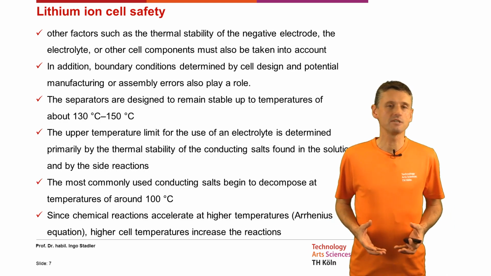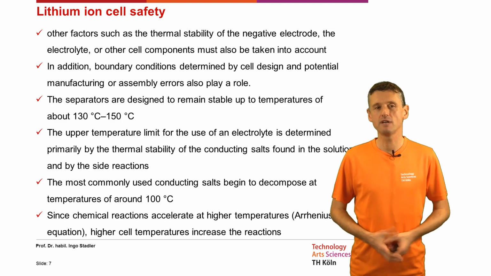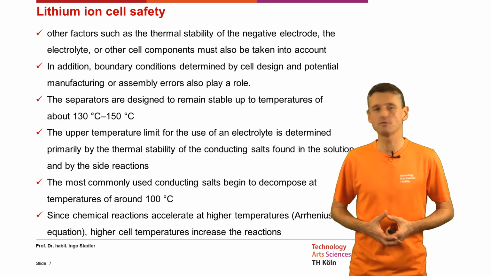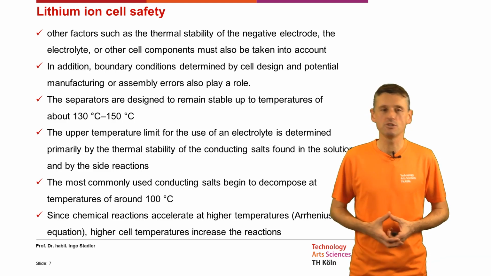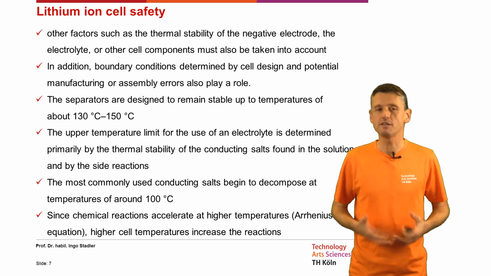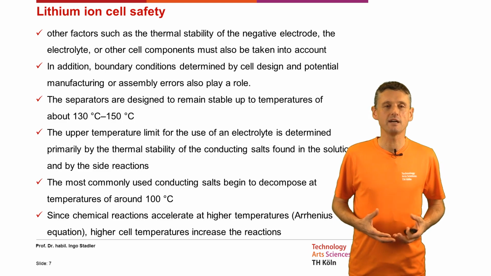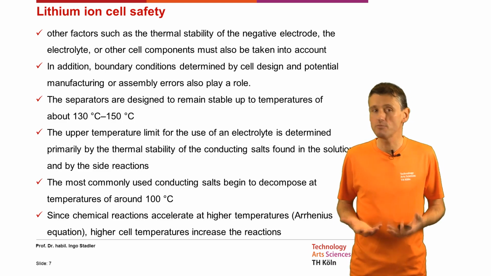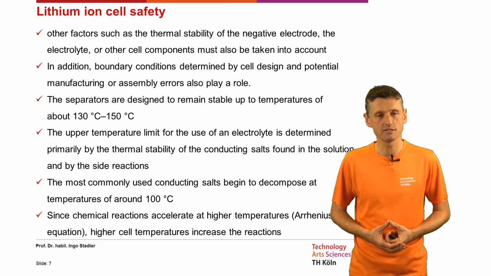Other factors, such as the thermal stability of the negative electrode, the electrolyte, or other cell components must also be taken into account. In addition, boundary conditions determined by cell design and potential manufacturing or assembly errors also play a role. The separators are designed to remain stable up to temperatures of about 130 to 150 degrees Celsius.